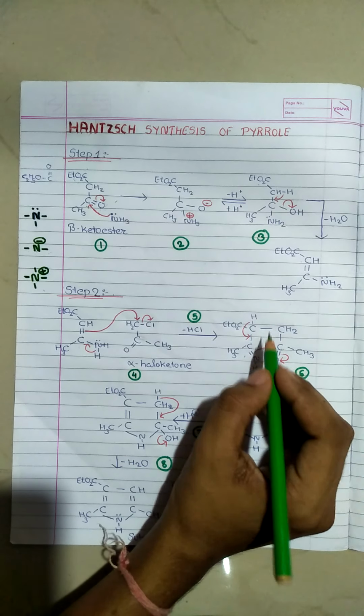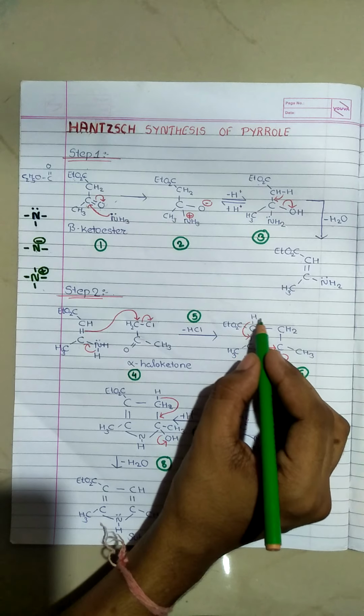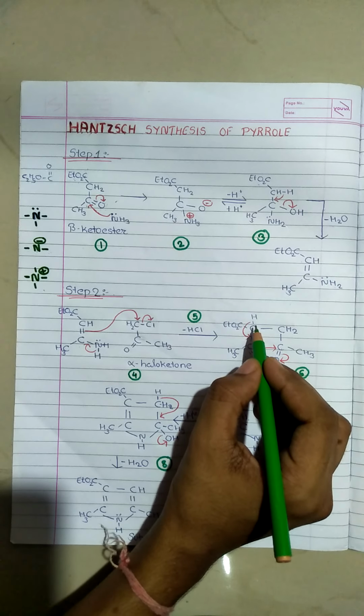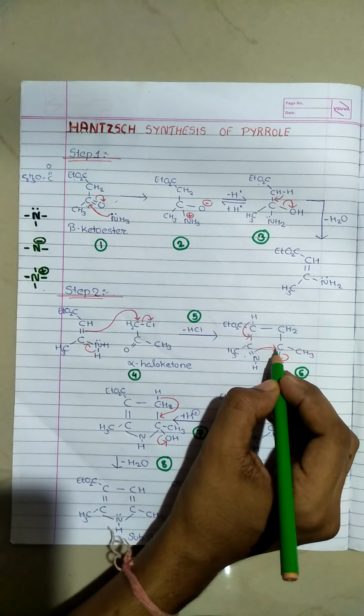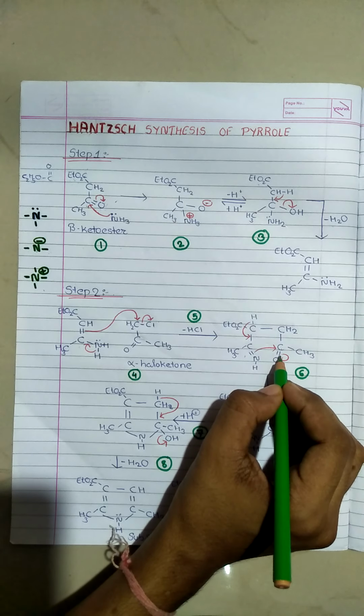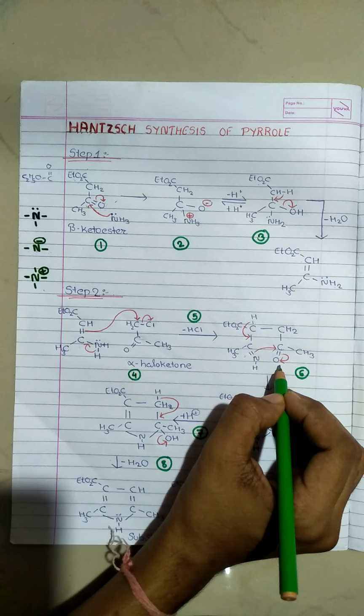Now here deprotonation takes place. One hydrogen is removed from this carbon and the bond is shifted between these two carbons, which results in the breaking of this bond and forming a new bond with this carbon, which results in the breaking of this bond and it comes over oxygen, which is seen in the next step.